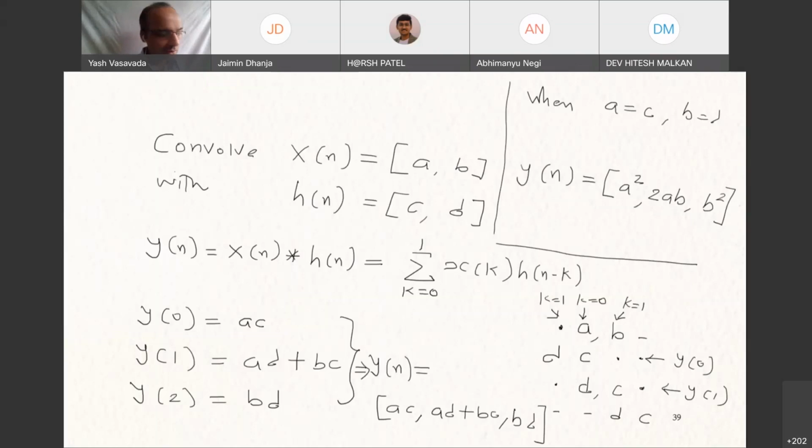Okay, now does this remind you of something, this particular form of y of n? A plus B whole square. Yes, right.